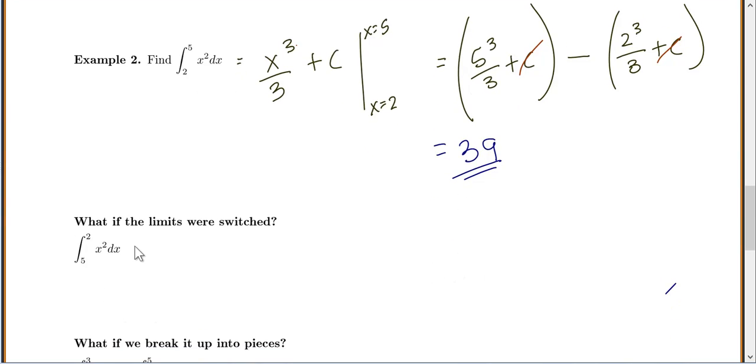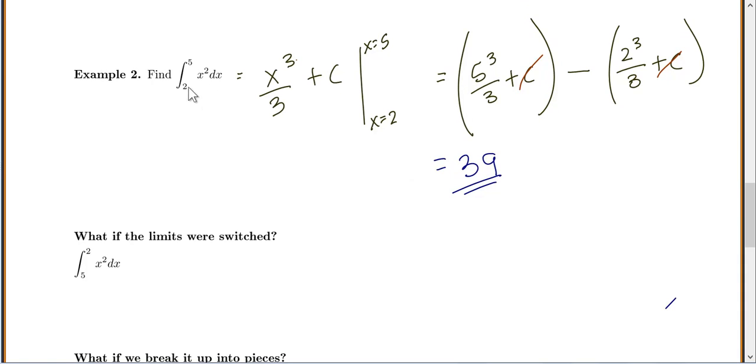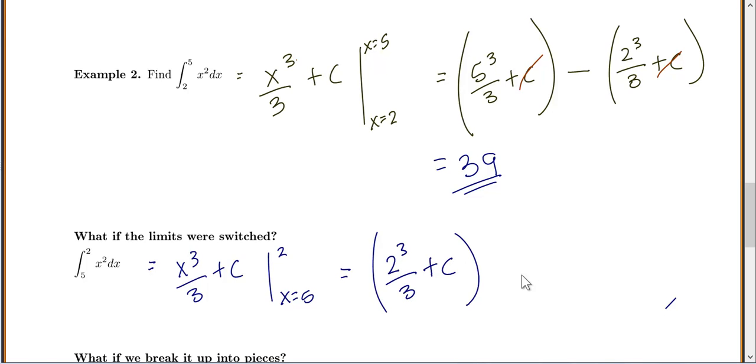Well, now what would happen? That's basically how you do integrals with limits. Let's do some interesting things and figure out what would happen if I switched my limits. Instead of from 2 to 5, what if I did 5 to 2? The antiderivative of x squared is still x cubed over 3 plus c, and now I'm going to evaluate it from x equals 5 to 2. Again, big parentheses: 2 cubed over 3 plus c minus 5 cubed over 3 plus c.